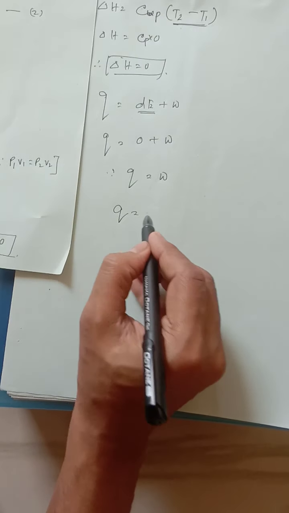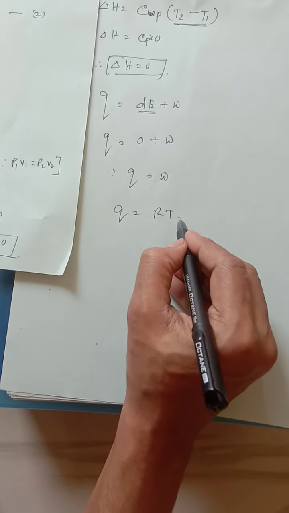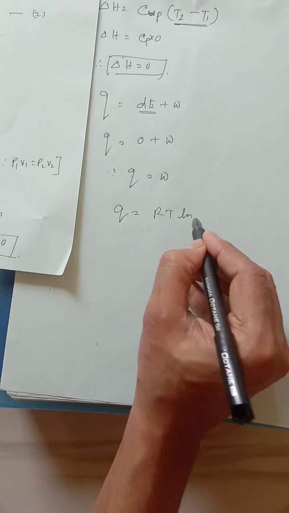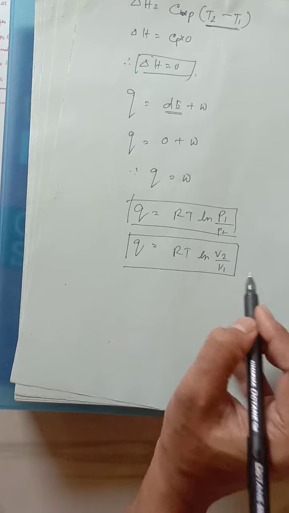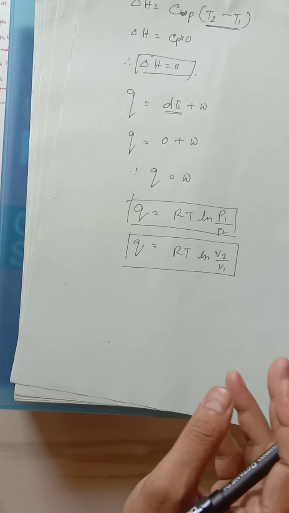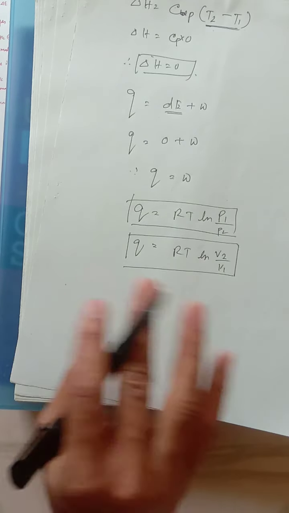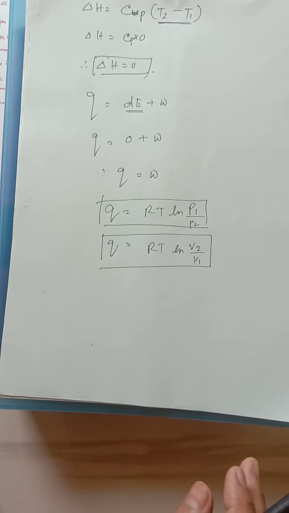So Q can also be represented in this manner, RT ln P1 by P2, or Q equal to RT ln V2 by V1.